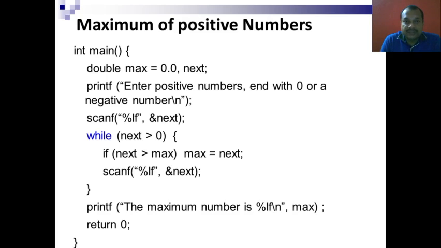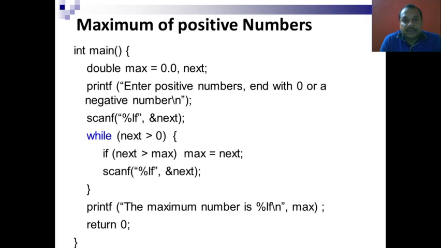Maximum of positive numbers ensures that your number is not negative and perhaps also not zero. So when I am interested to calculate the maximum of positive numbers, I will initially assume that my number, meaning my maximum number or the result, is some negative number, or say 0.